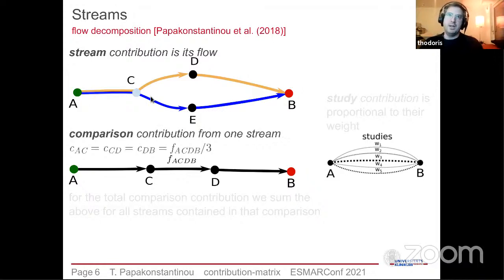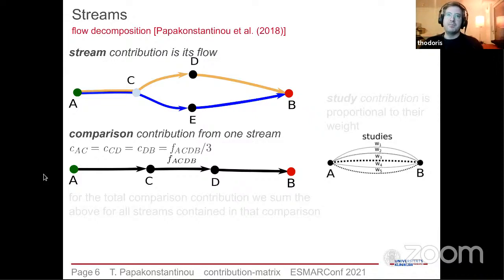In order to calculate the contribution of a comparison now, not the stream, we first break up the contribution of each stream into its constituent comparisons. And then we assign the contribution by dividing by the stream's length. So this is the flow A-C-D-B divided by 3.